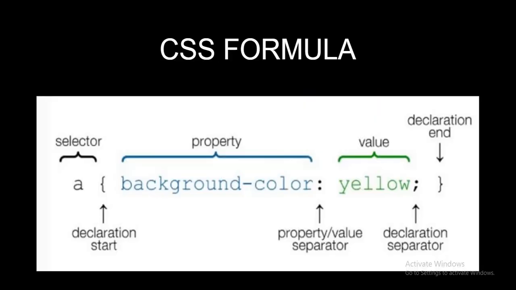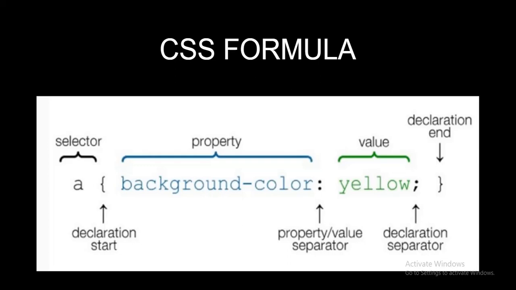Let's see a CSS formula. As we have seen, I think you already know, to apply CSS style to a specific HTML element, you need a selector. A selector can be a tag.